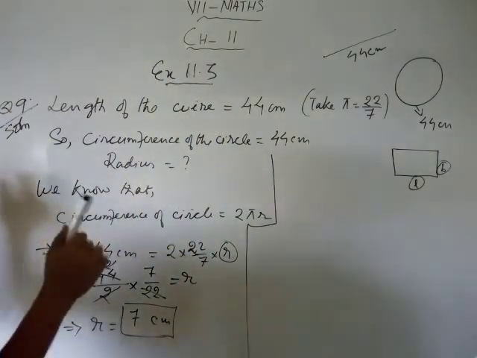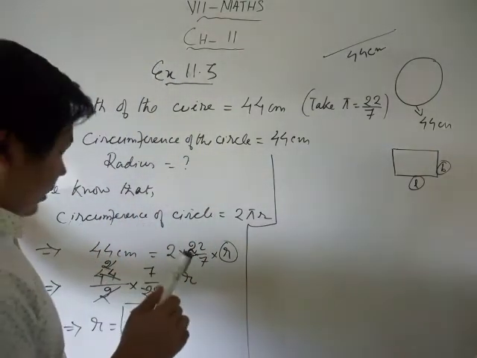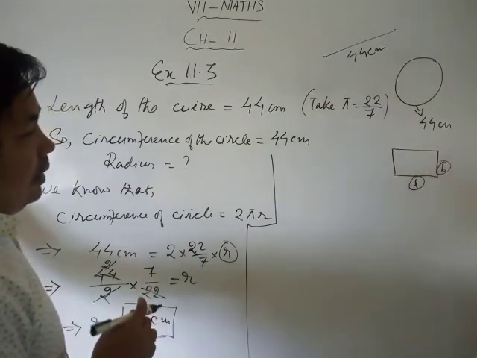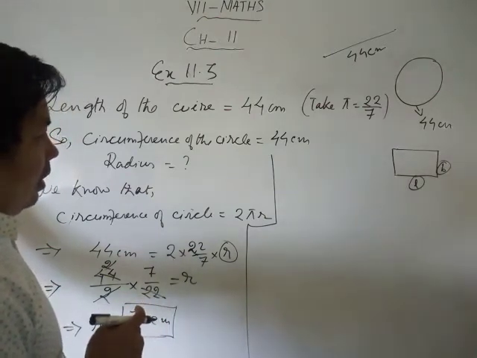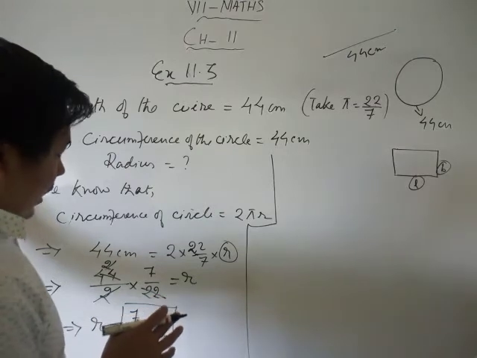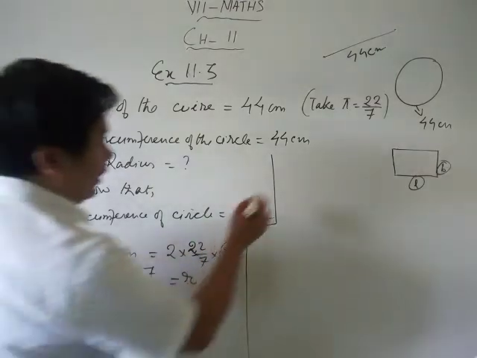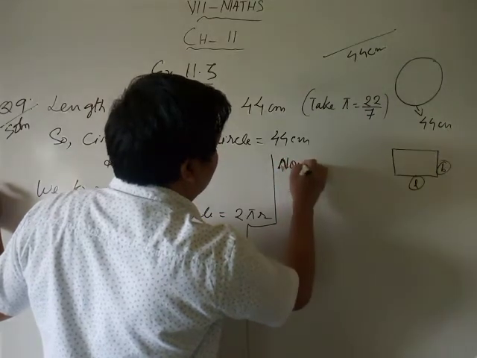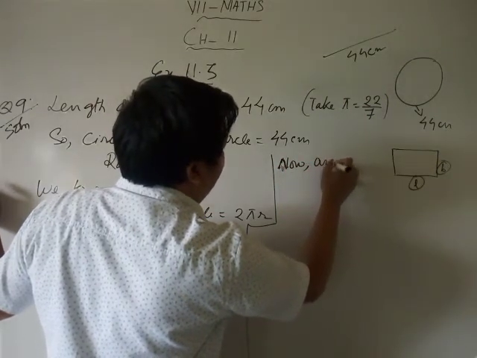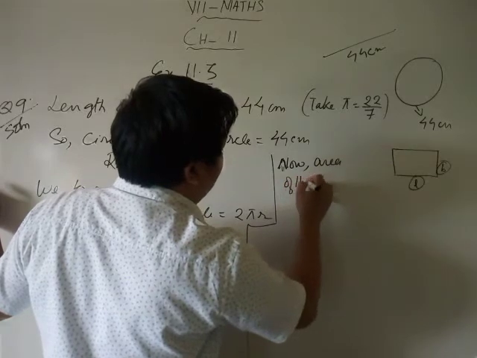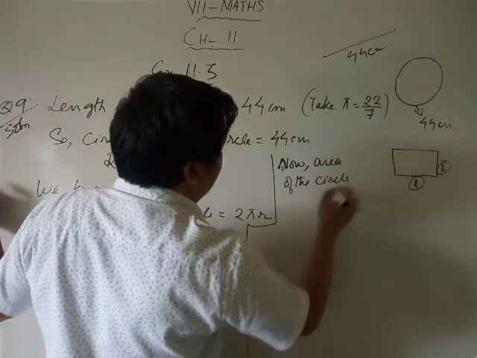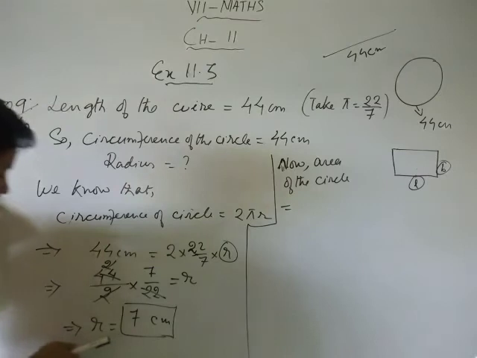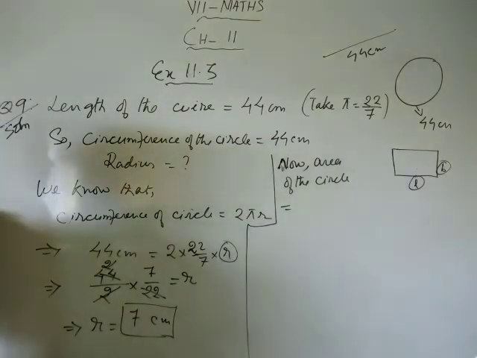Next we have to find out the length and breadth. So my dear student, what I would like to tell you is that we have to find out the area. Now, the area of the circle. We have the radius, so we can find out the area also.